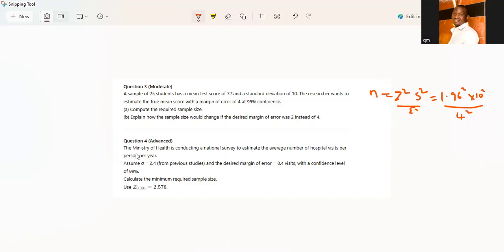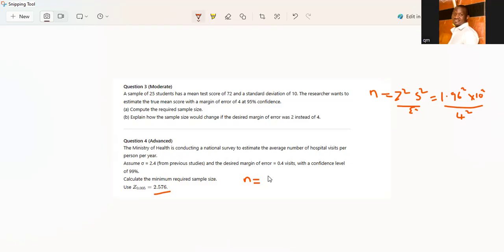Then we are told that the Ministry of Health is conducting a national survey to estimate the number of hospital visits per year. The standard deviation is 2.4 from previous studies, and the desired margin of error is 0.4 visits. With a confidence level of 99%, calculate the minimum sample size required. Use Z 0.005. We know that at 99%, our Z is 2.575 or 2.576.